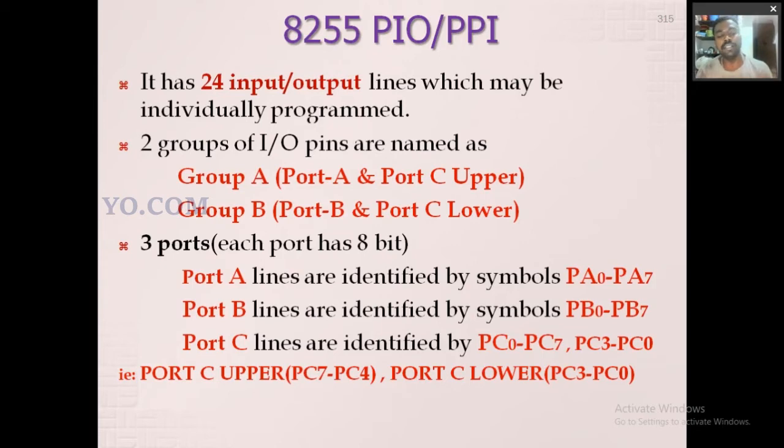Port C lines are identified as PC0 to PC7. Port C lower is 0 to 3, upper is 4 to 7. This way the ports are divided in the 8255. So simply we can say that the 8255 has 24 IO lines, input output lines. So we can control individual input output lines. That is an important point. We can control individual input output lines by using a program.